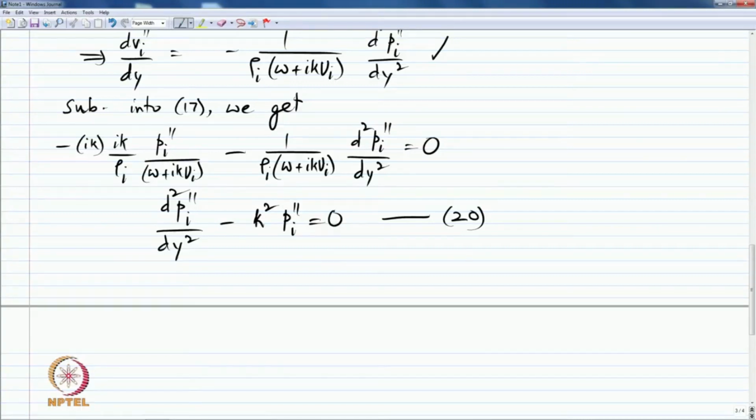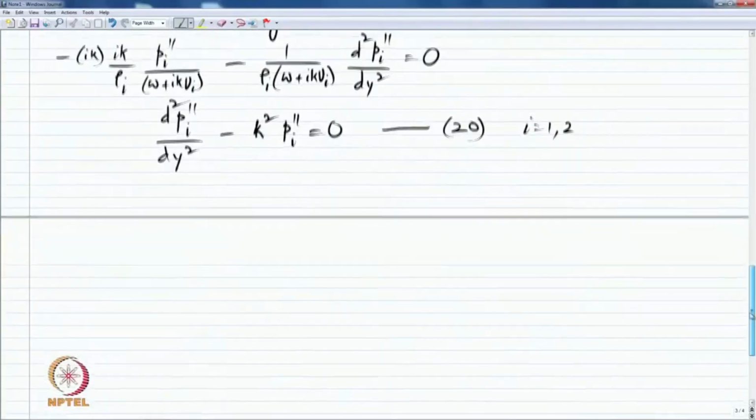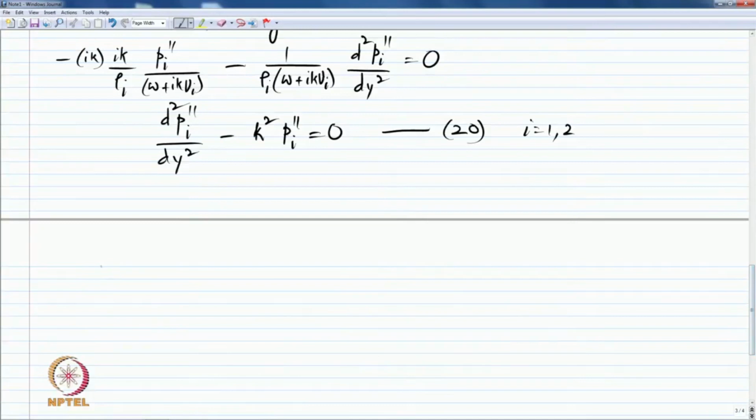Now, remember i equals 1 or 2, we have maintained that notation all the way through from the beginning of this derivation. So, essentially p1 and p2 are the static pressures in fluid 1 and fluid 2, and they are independent, they are separate. So, I am going to solve for them separately.